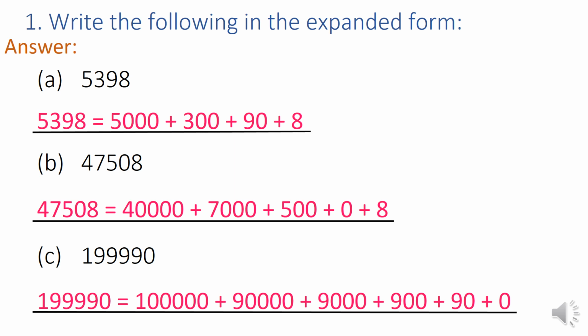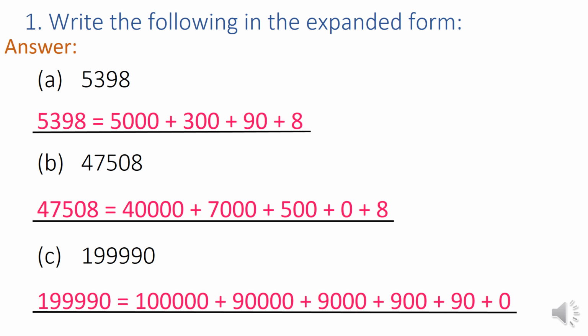Our second sub-question is, write the expanded form of 47,508. 47,508 has 4 ten thousands, 7 thousands, 5 hundreds, 0 tens and 8 ones.